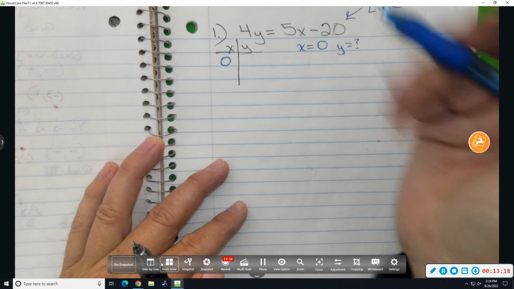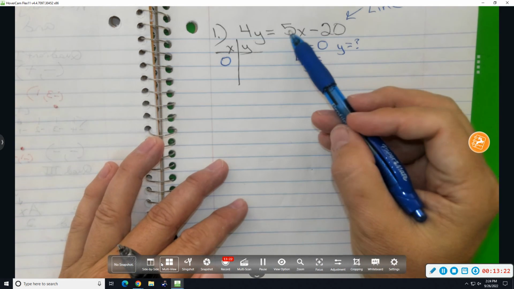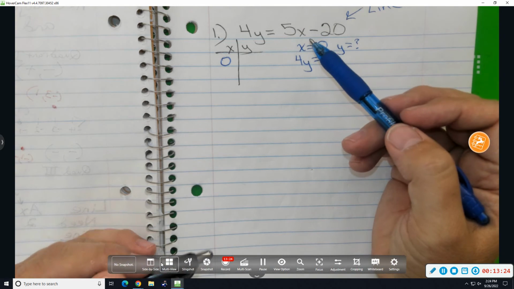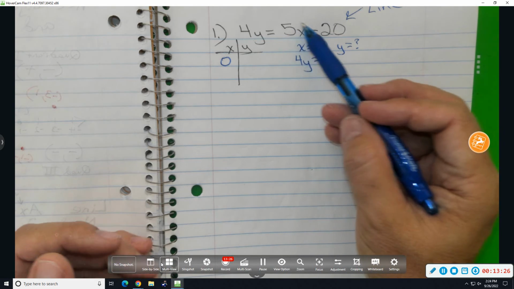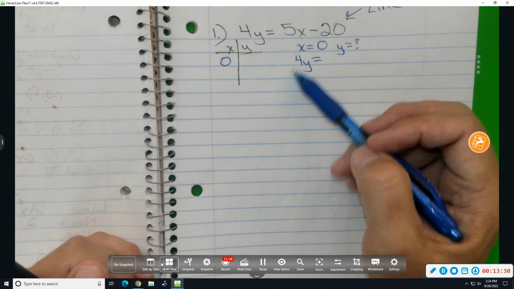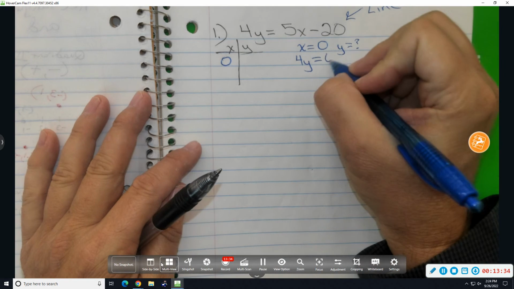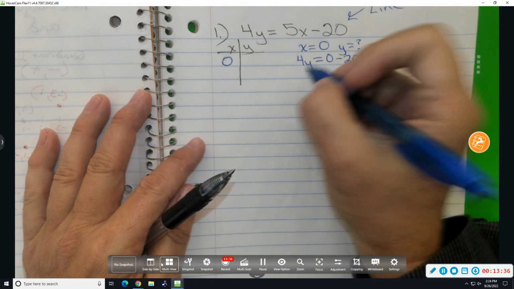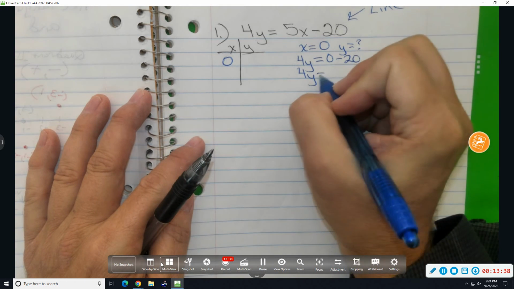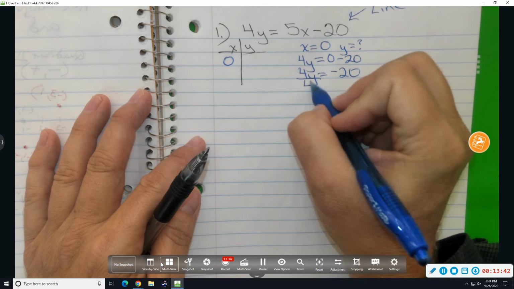That says 4y is equal to 5 times 0. I like plugging in 0 because when you plug in that 0, what's this term going to become? 5 times 0 is just 0, minus 20. And we know 0 minus 20 is negative 20. Then divide both sides by 4.